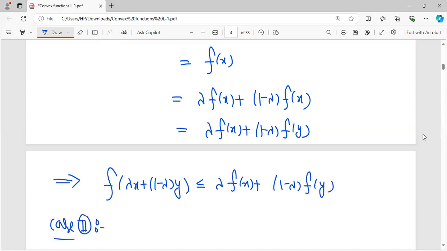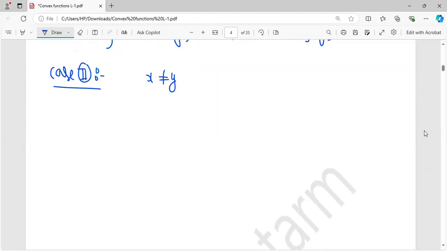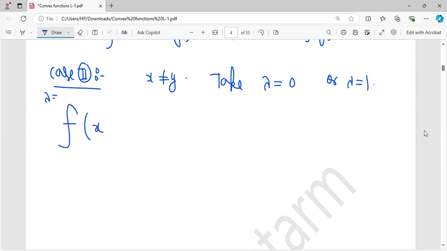Now case 2: x is not equal to y. For lambda in between 0 and 1 we already have it in the assumption. So we take only lambda equal to 0 or lambda equal to 1. For lambda equal to 0, lambda x plus 1 minus lambda y becomes 0 times x plus y, which is y.